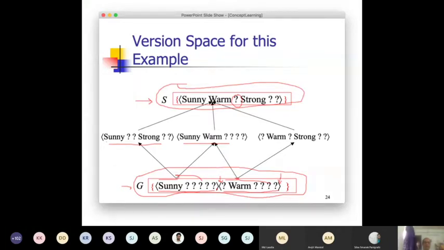That means even Cloudy could satisfy it. So if I make Sunny a question mark, that's what you are saying. I am adding one more hypothesis to G.